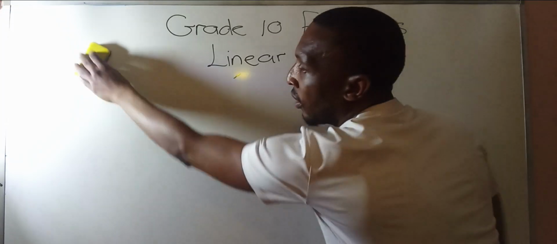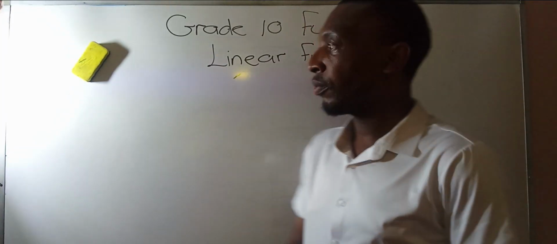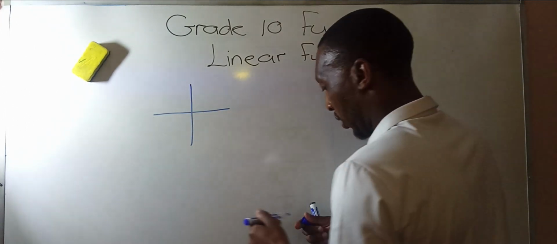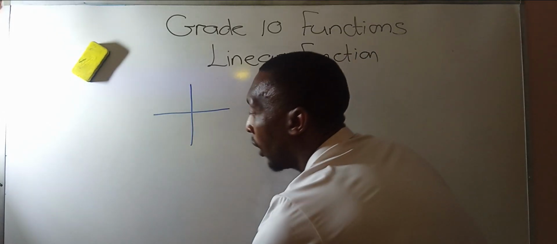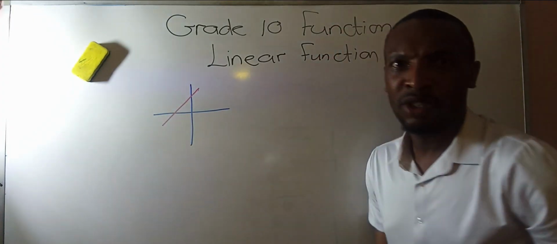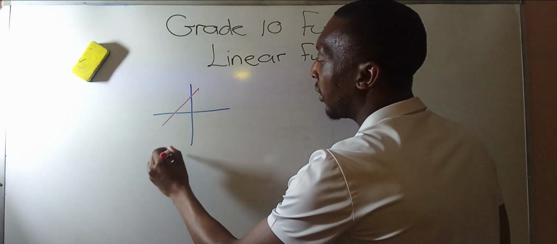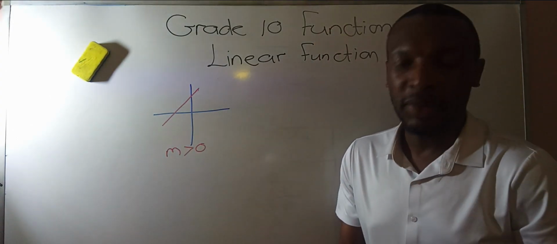There are a few things that I want you to know about a gradient. Okay, so if I've got a Cartesian plane there, and let's draw a line. So if my line leans this way, you need to know that my gradient will always be positive, greater than 0, meaning it's positive.